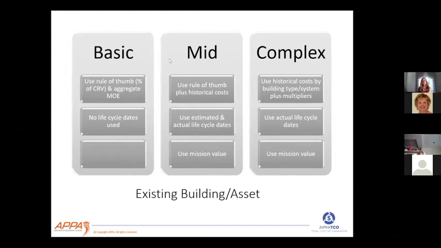For mid, you're using both rule of thumb, but you're also using historical costs when you can, in areas that you can. So maybe that's in your maintenance and operations, or maybe that's in your recapitalization. You're using more historical costs on that than anything. And maybe you're still using rule of thumb for one or two of those. And in that case, as you are using historical costs, you might be using actual life cycle dates and systems for that.